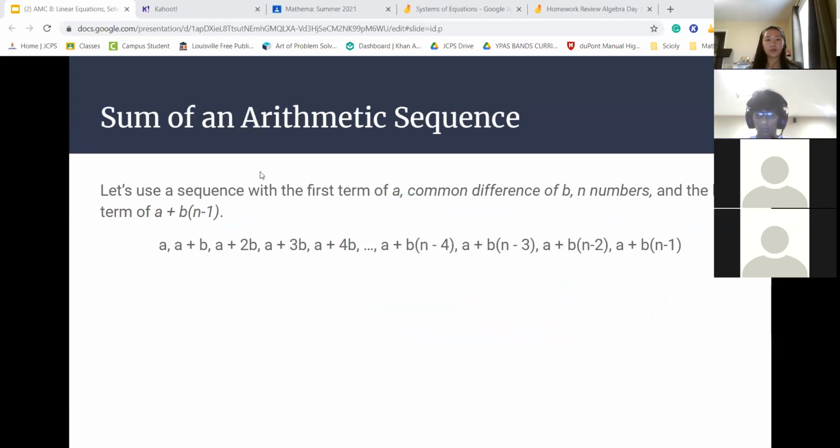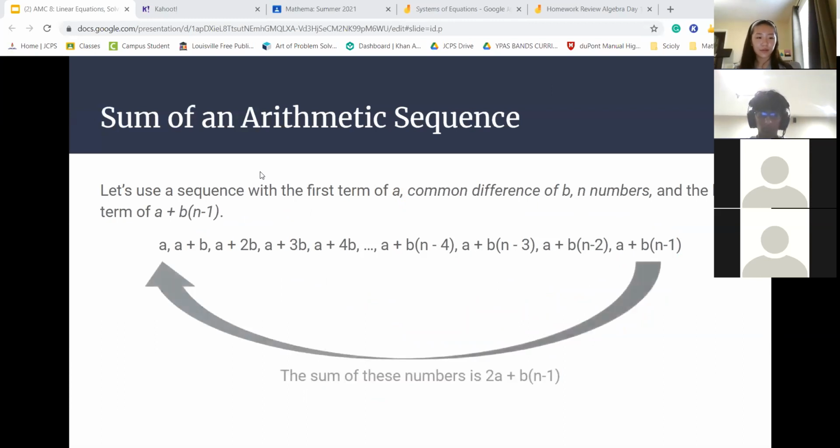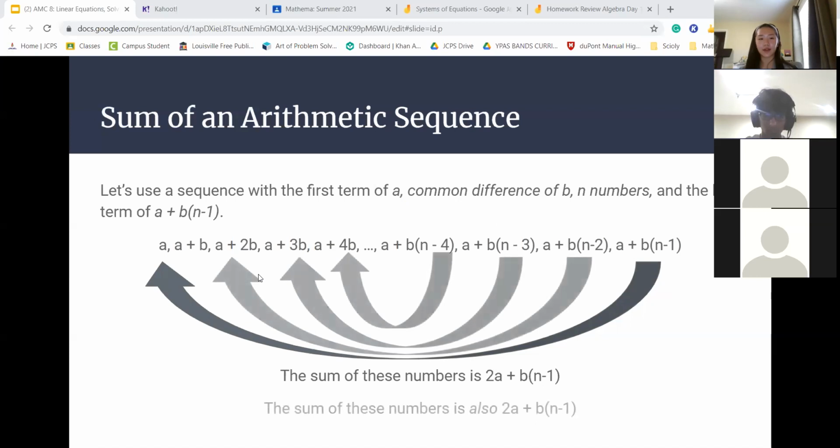So using the variables, it's less messy, I guess. It's the same thing, but this time instead of using actual numbers, we're using variables to represent arithmetic sequences in general. So we just do the same thing: add the first and last number, and the sum stays constant as we get rid of the first and last numbers and add the second and the second to last numbers.